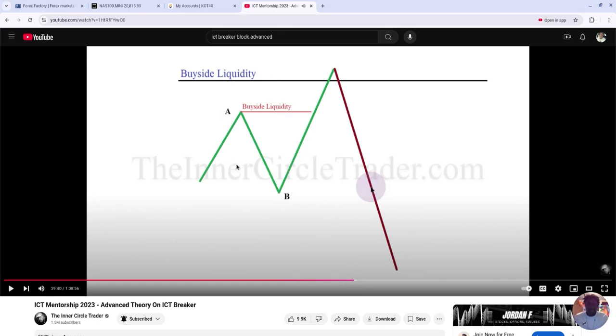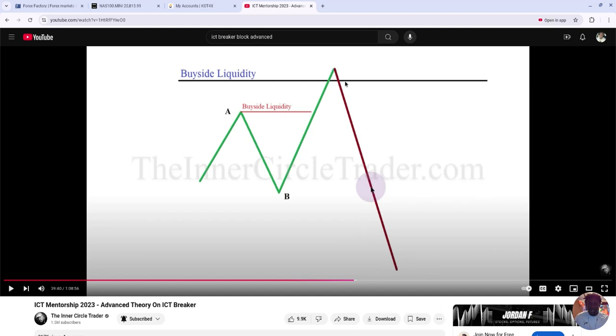So I only really focus on A and B. What is that? If you look at this real quick, I'm gonna be saying things like buy side liquidity, where price will take out a certain high or low. So that's how we really look for the highs and lows. It's like two important points. When price takes it out, a move happens right here that we focus on to ride this down and make money.